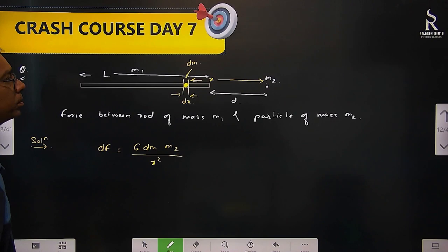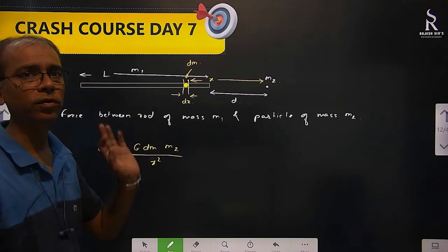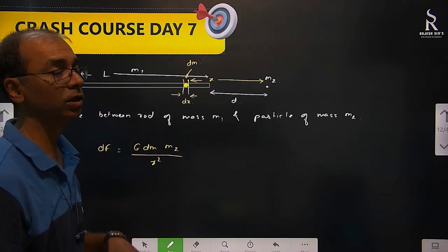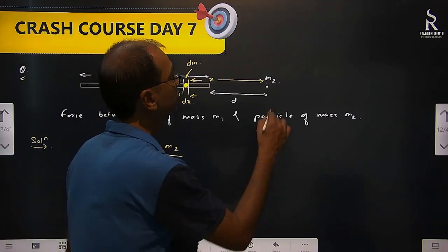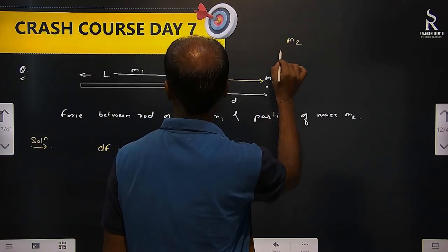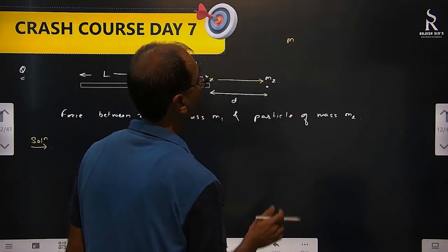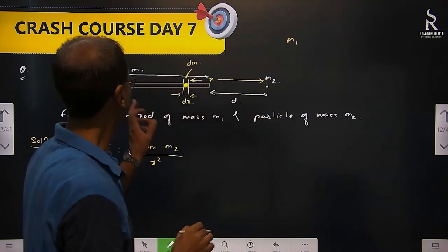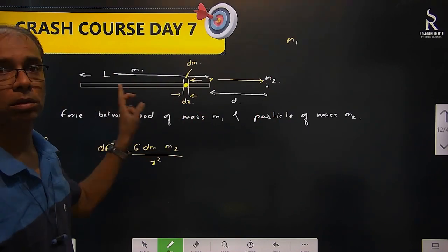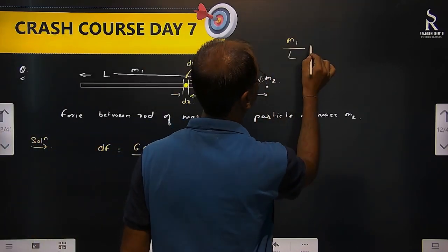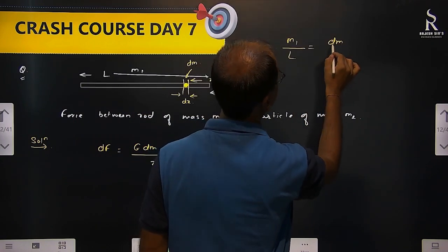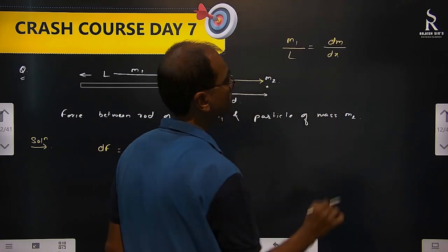Now what is dm? Whenever we say uniform, uniform means mass per unit length is constant. Mass by length is constant. That means M1 is the mass of the rod, and its length is L. So M1 by L must be equal to dm by dx. Why?